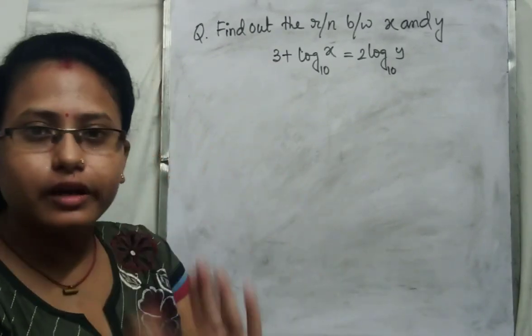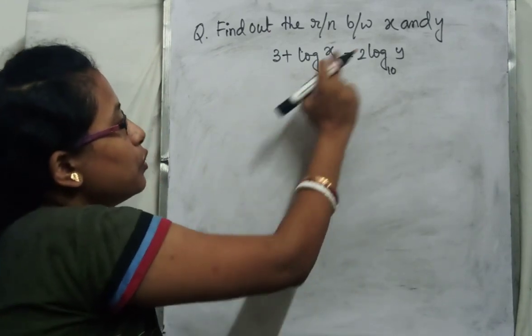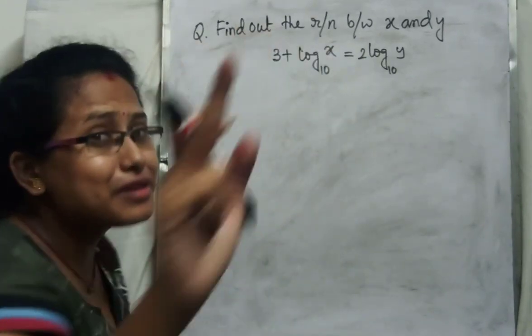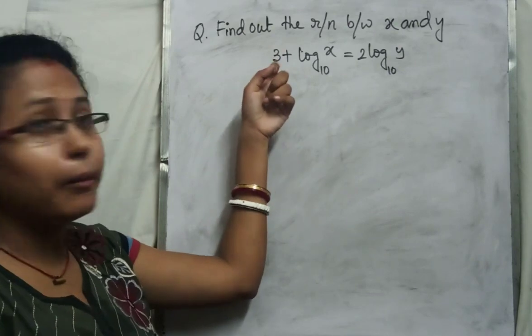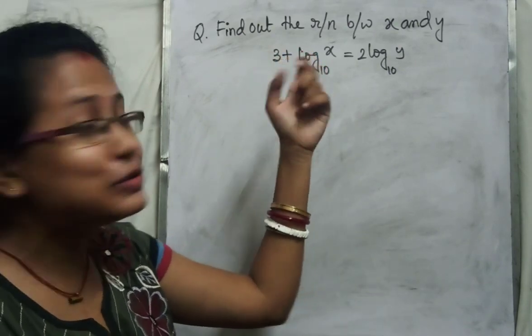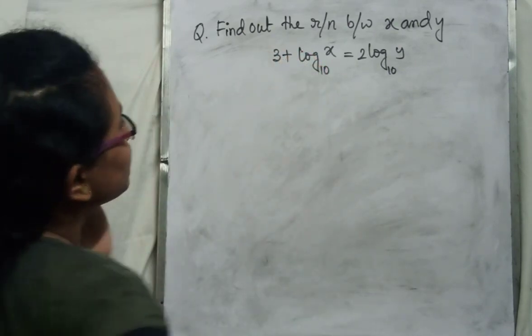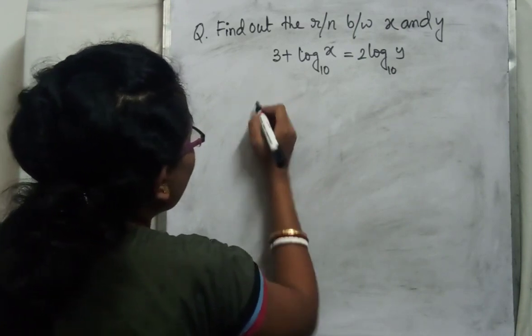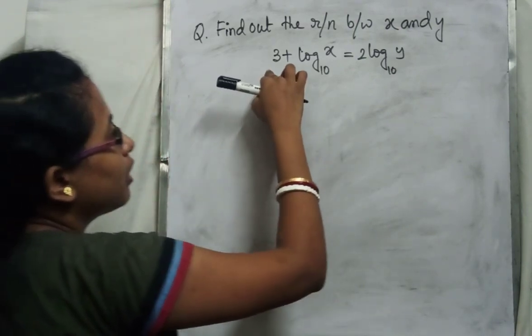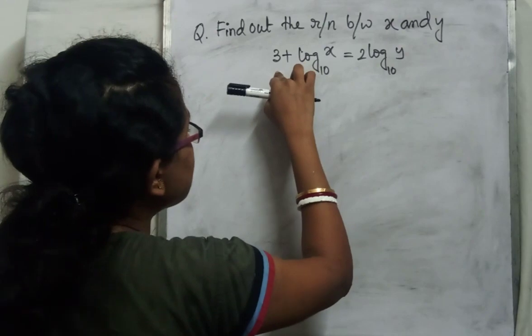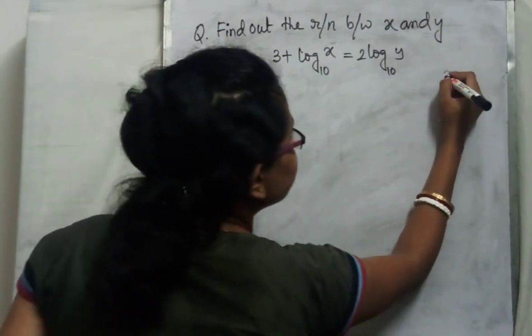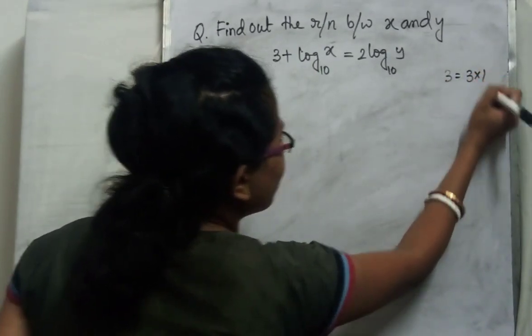Okay, so here first observe. We have log here, but we don't have log here. So we have to introduce log here. Okay, so how do we introduce log here? Because here we have 3. So 3 means 3 into 1 we can write.